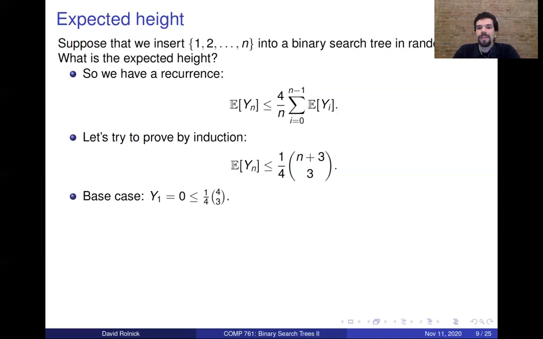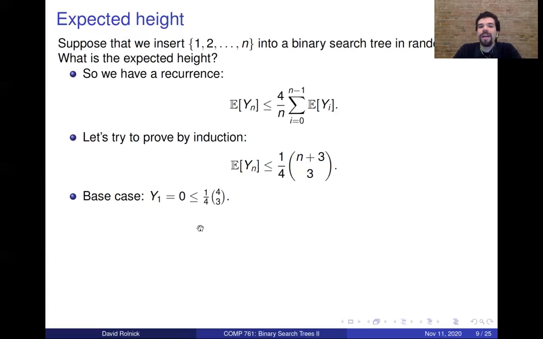So here's a base case. y1. Oops, sorry. Why is y1 equal to 0? Oh, sorry, that is not correct. y1 is equal to 2 to the power of 0. I forgot that y is 2 to the power of the height.